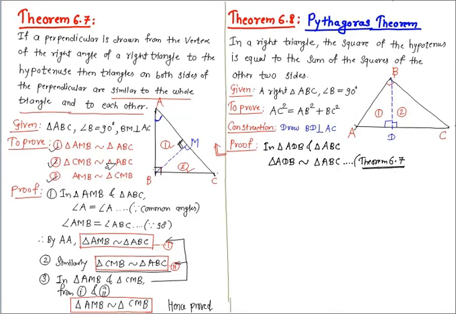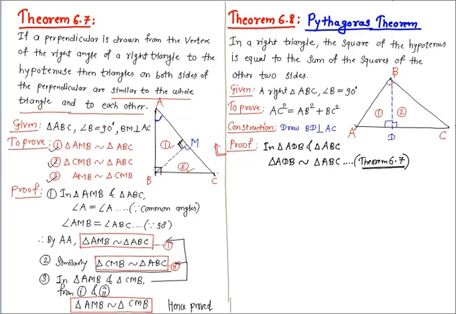In the exam, you need to write the complete statement of 6.7. What is it? If a perpendicular is drawn from the vertex of the right angle of a right triangle to the hypotenuse, then the triangles on both sides of the perpendicular are similar to the whole triangle and to each other. Now, since these two triangles are similar, the ratio of the corresponding sides will be equal, right?